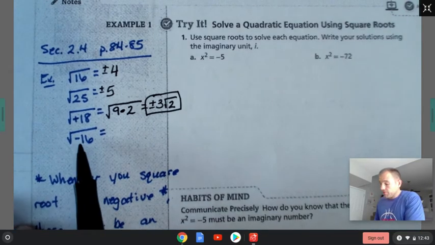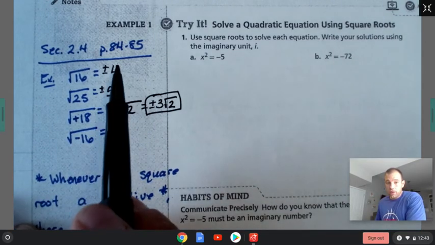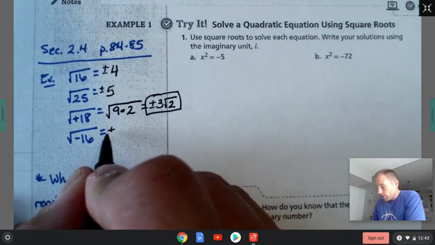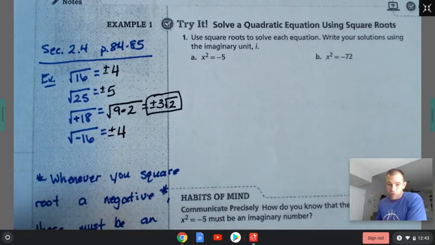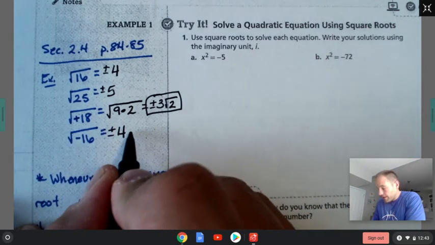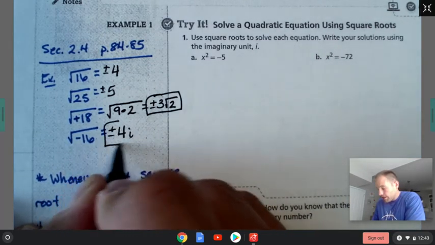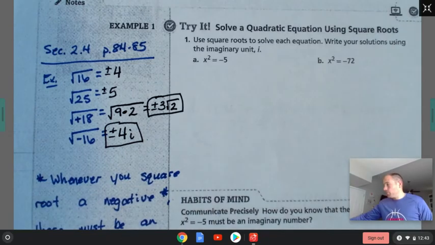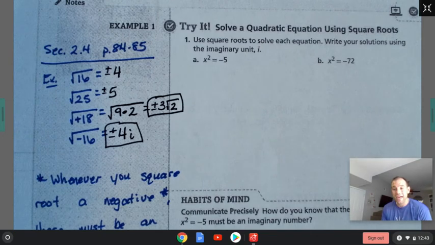So the square root of 16, just the number itself, we already know is 4, right? But since that negative is inside the radical, underneath the radical, that means we have to put an i in there. So the answer to this problem is plus or minus 4i. Okay, it will always be plus or minus 4i.